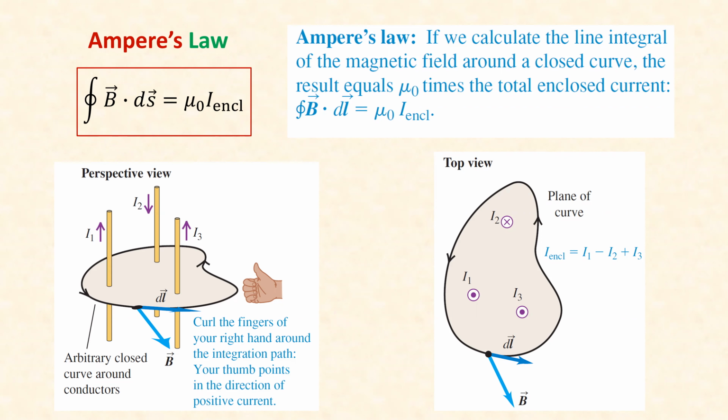Here we have integral of B dot dl around a closed loop, and it's equal to mu naught times the total current enclosed in that loop, of course, in one direction, which is considered positive, in the other direction is called negative. It depends on which direction you integrate around the loop.